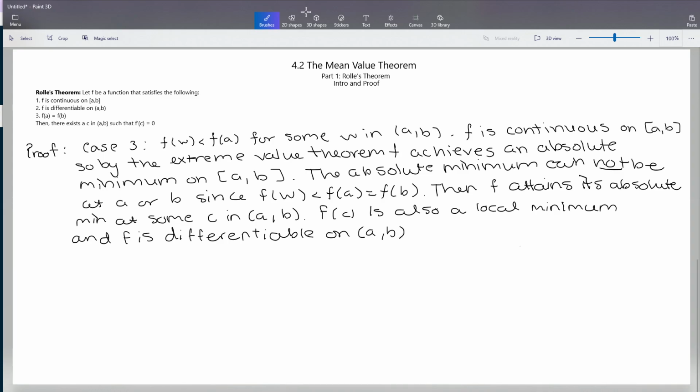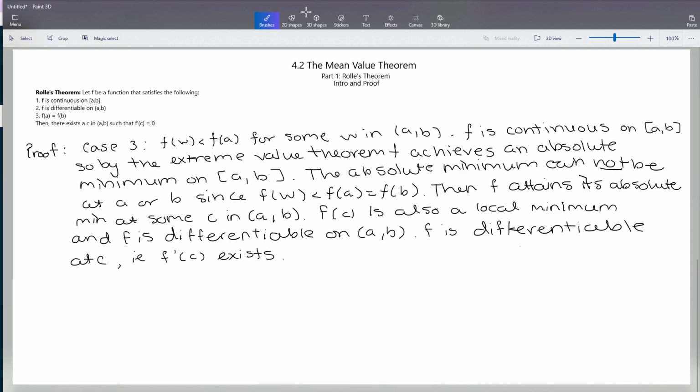So if it's differentiable on the entire interval, it must be differentiable at C. F prime of C exists. That's what it means for f to be differentiable at C.